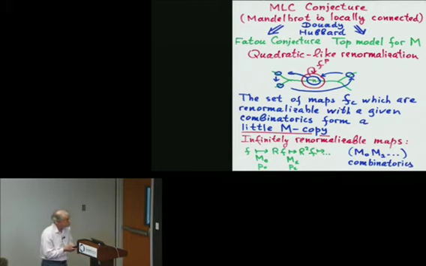Assume that you have some quadratic-like map, and its Julia set, which is defined in a very similar way as for quadratic maps, very easy to give the definition. And assume that you can find some domain here which goes around, and under the p-fold iterate comes back as a quadratic-like map. I want you for a second to appreciate this, because f to the p is a map of degree 2 to the p.